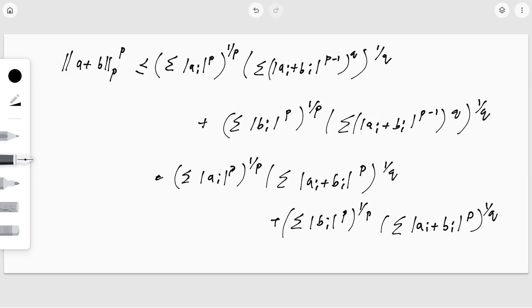So in this you can see that the term summation mod ai plus bi whole raised to p whole raised to 1 by q is common.